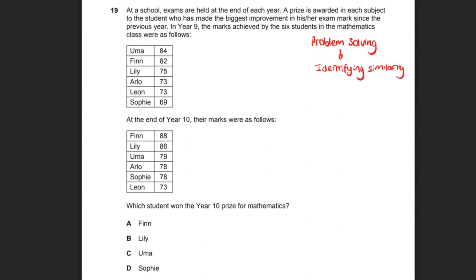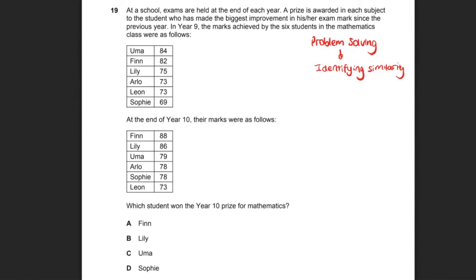One of the information might be represented in a table, one might be represented in a graph, and you have to identify the relationship between the information in the table and the graph, right? You have to look for a pattern or a relationship. In this case, we have to look for a pattern between the information across 2 tables, right? And we have to figure out which students increased their marks the most, so we know who won the prize.